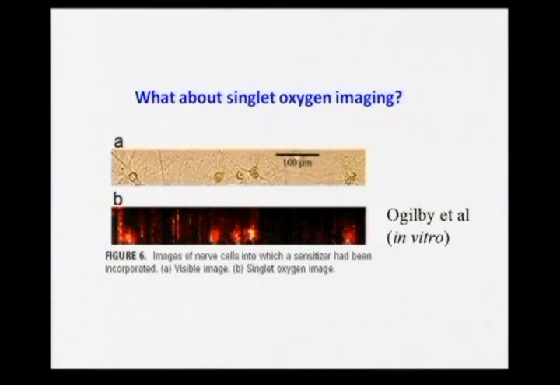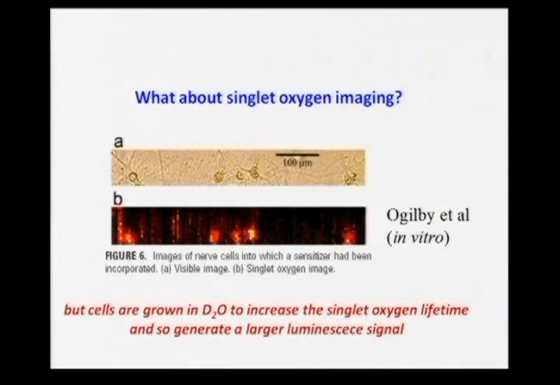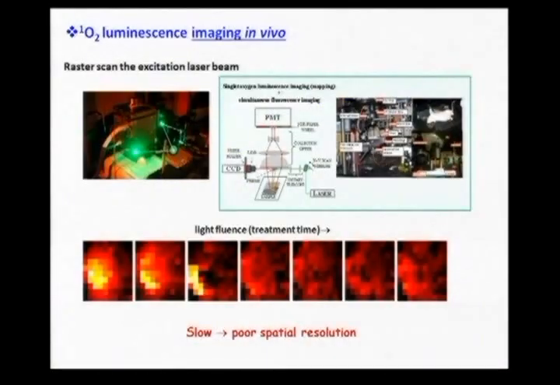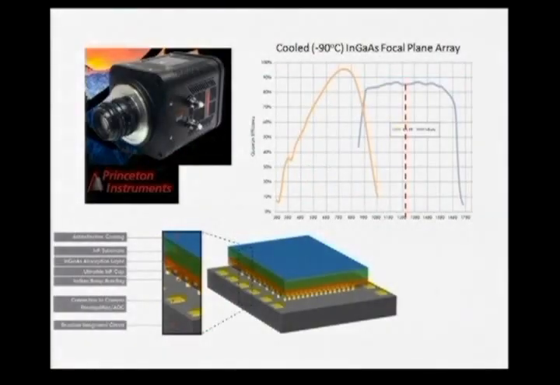What about imaging? I showed you that can be done with D2O. We've done imaging, sort of imaging, just by scanning the laser beam and producing these rough maps, pretty crude. There are possibilities, for example, this technology, the focal plane arrays that have good quantum efficiency out here. The problem is they're extremely expensive.